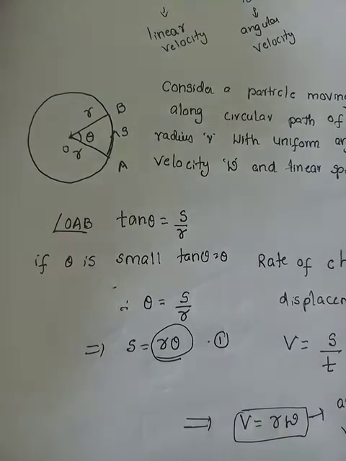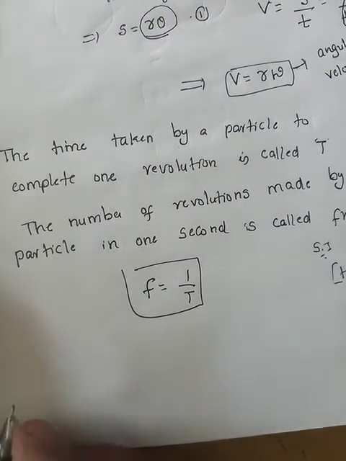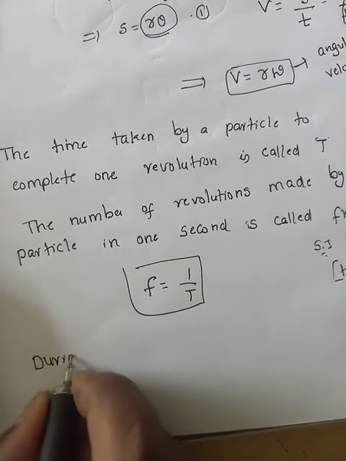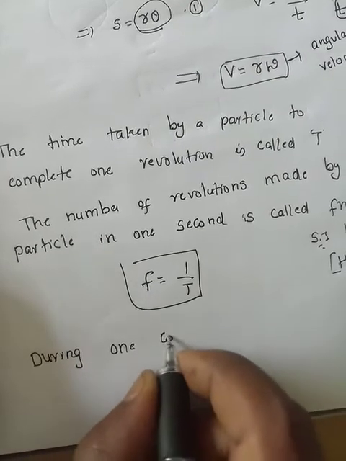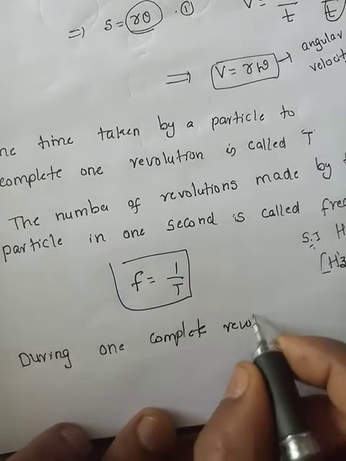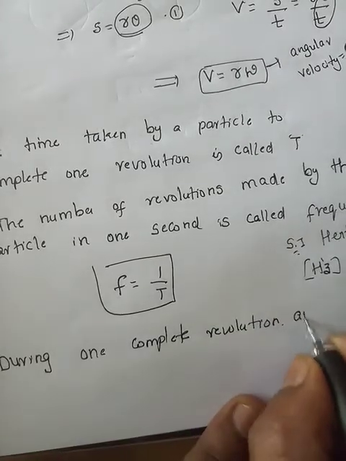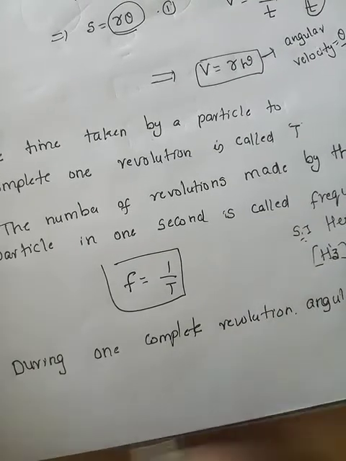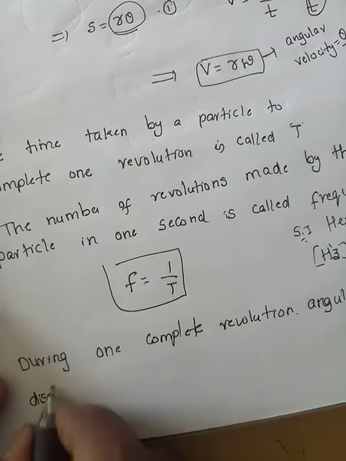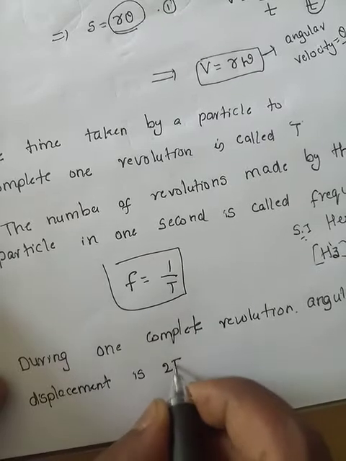That is nothing but 2 pi, as you know that pi is equal to 180 degrees. So, there is one small relation that during one complete rotation or one complete revolution, angular displacement is 2 pi.